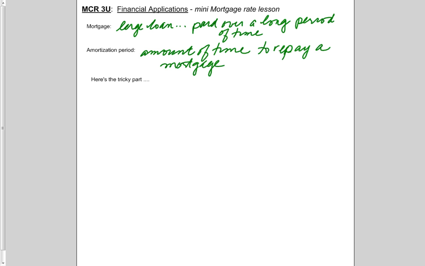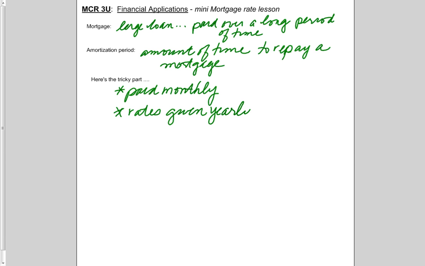Here's the tricky part. Normally with a mortgage, there are exceptions, but normally it is paid monthly. And by Canadian law, rates are given yearly. But almost exclusively in Canada, they are compounded semi-annually.